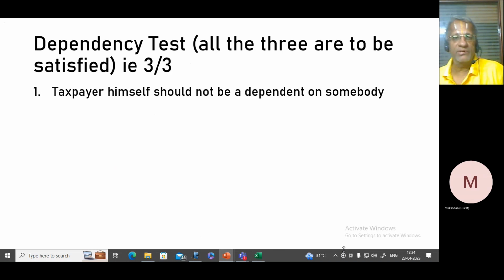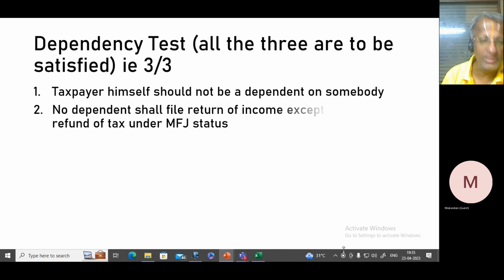The dependency test, all three are to be satisfied, then you call that as 3 by 3. The taxpayer for whom a dependence test is taken up, if he himself were a dependent on somebody, you cannot have that test performed at all. To say that you are having some dependent, you should be an independent person. You cannot be a dependent on somebody. That is the basic logic.